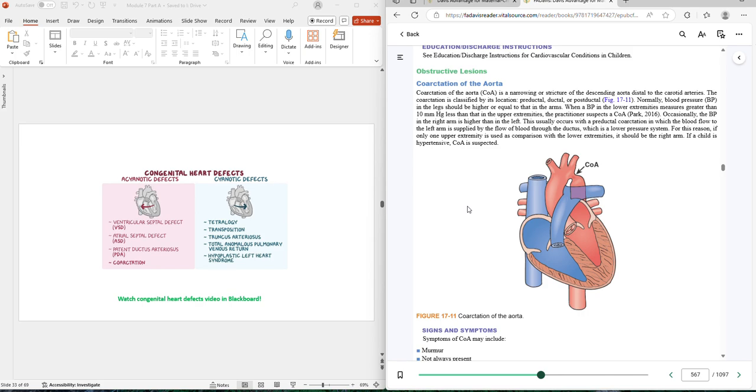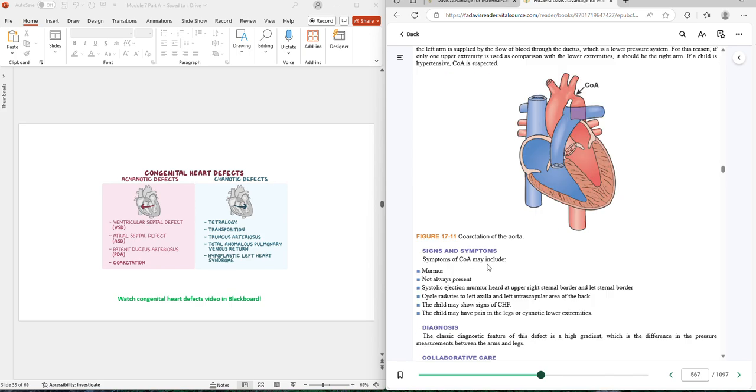We check O2 sats and we check blood pressures. So that's why we do that, because it's not flowing as it should, okay? Sometimes you can hear a murmur, sometimes you won't. That's why it's so important to auscultate that heart, that apical pulse for 1 full minute, okay?